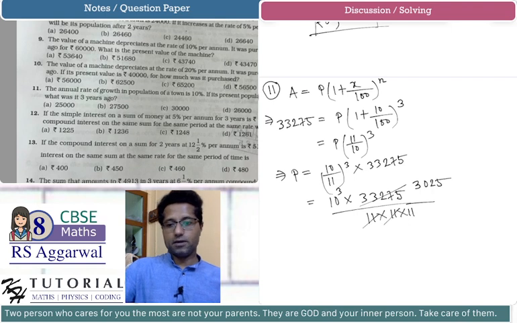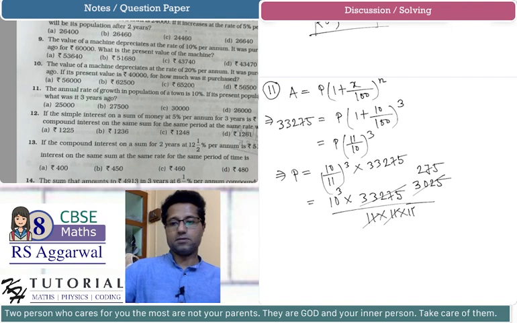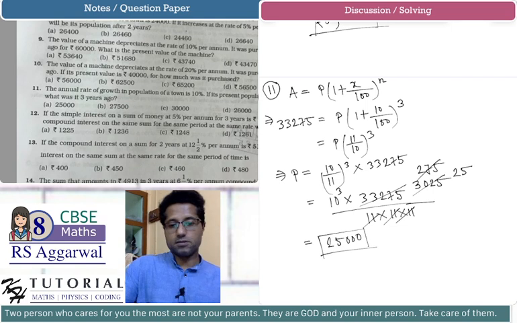Again 11 divides 3025 with 275, and this divided by 11 gives 25. So this is 25000, the population of the town 3 years ago. So the correct choice is A.